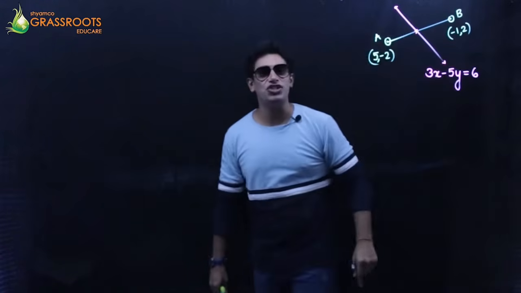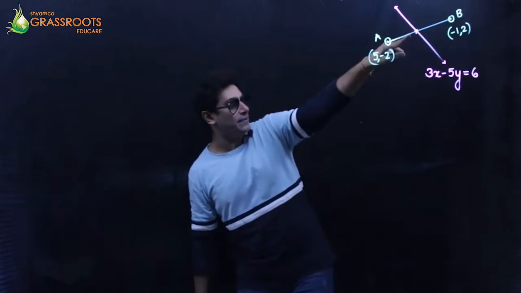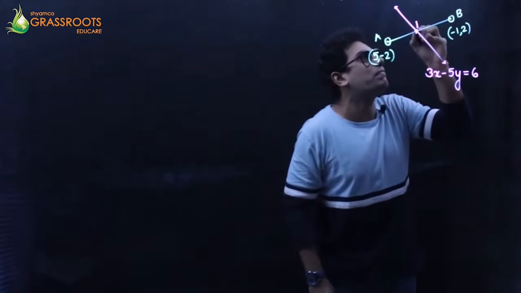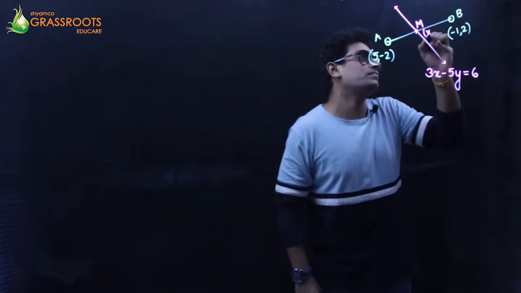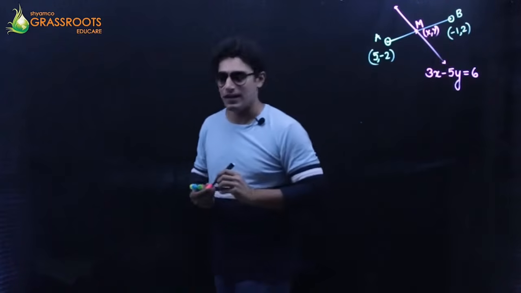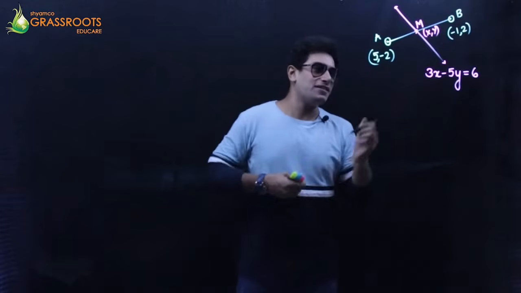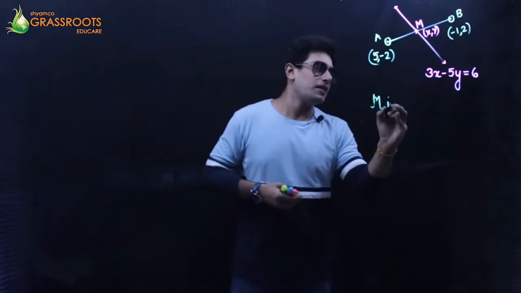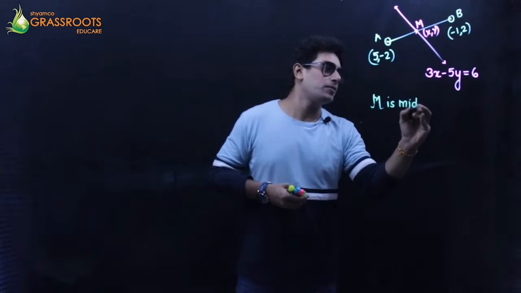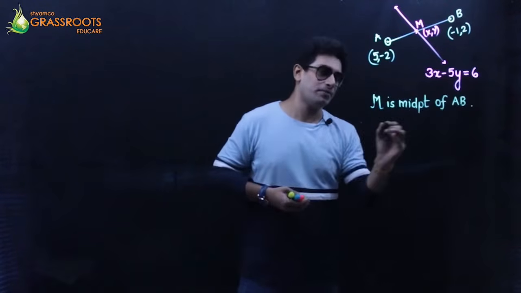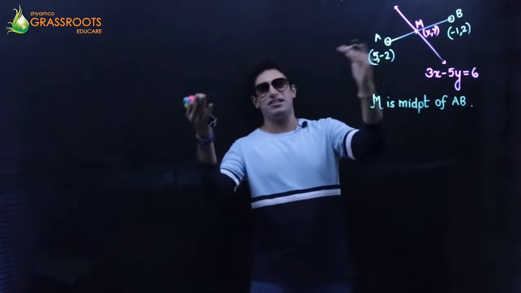I have to first check whether this point lies on the line or not. This point is nothing but the midpoint M. Let me call this x comma y. So first, by using the midpoint formula, M is the midpoint of the line segment AB. We always start from the center, as I told you in the previous chapter.